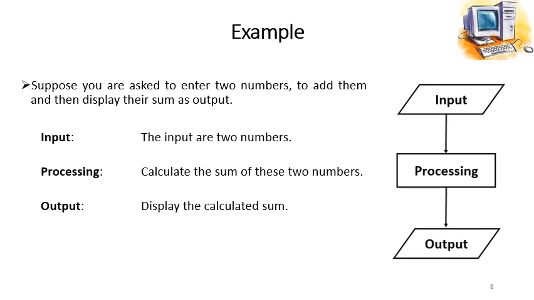Diagrammatically it can be represented like this. Remember that for input and output we use the same symbol, that is the parallelogram, and the rectangle symbol is used for processing. We will discuss all these symbols in the coming lessons. First of all, we have the input, then the input is processed.